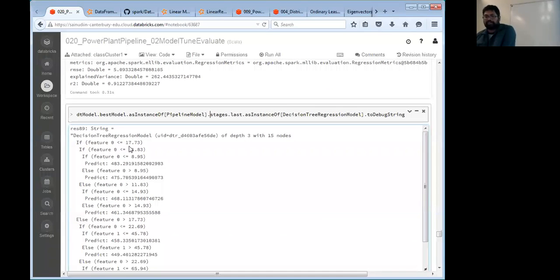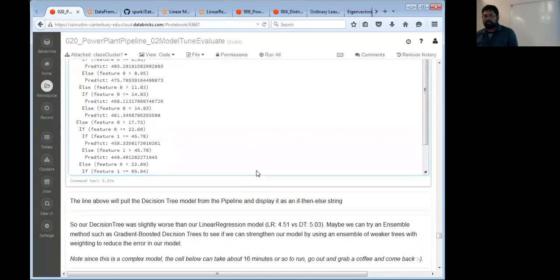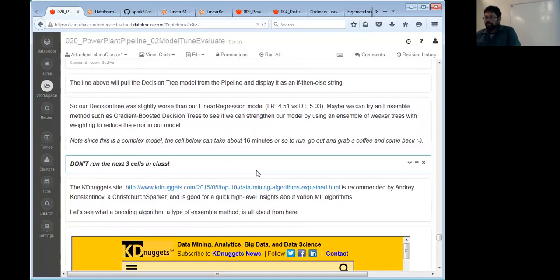So if feature 0 is less than 17.73, and if this is this, and so on, I'm going to predict this. So I've gotten a depth 3 tree with 15 nodes, okay? That's, again, okay, but it's not ideal, right? So maybe I'll stop here.